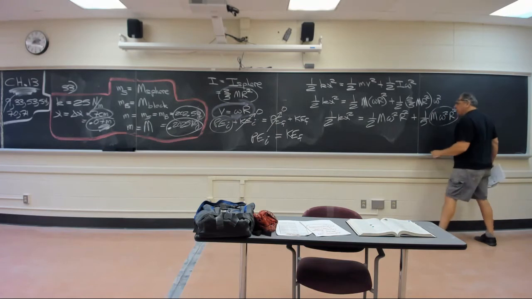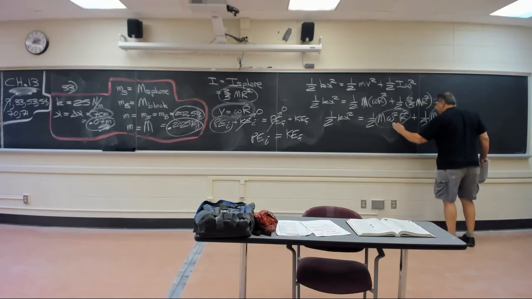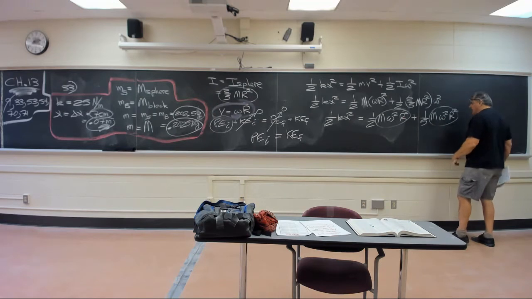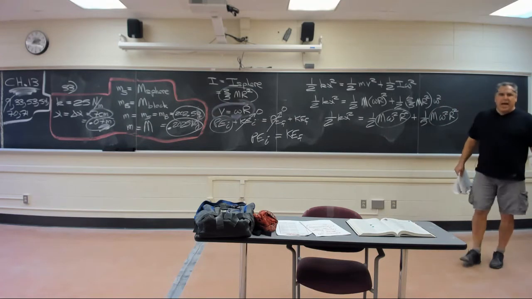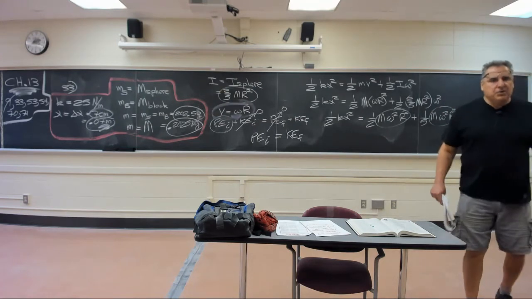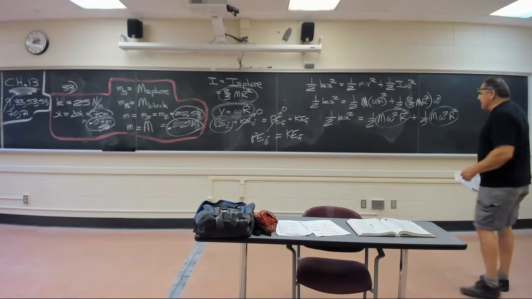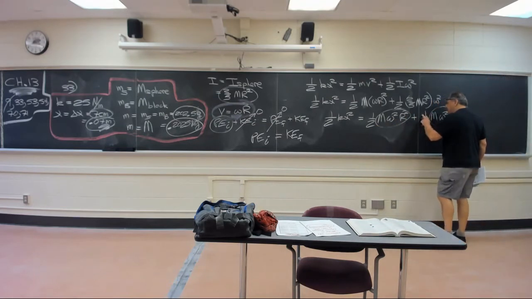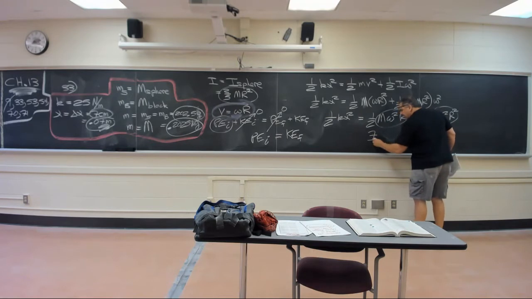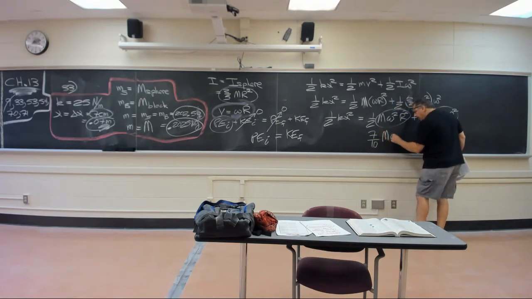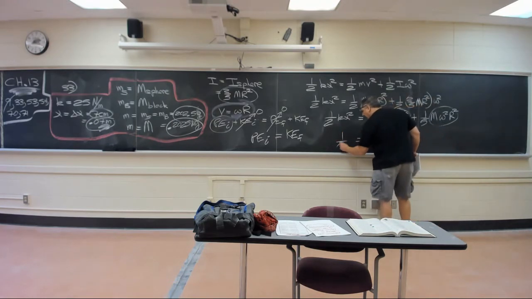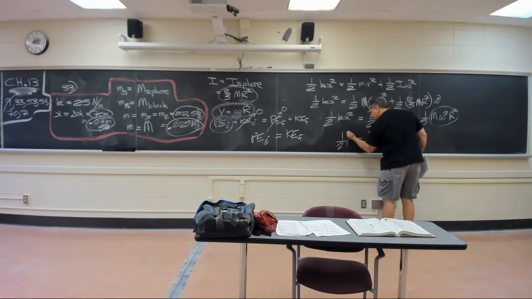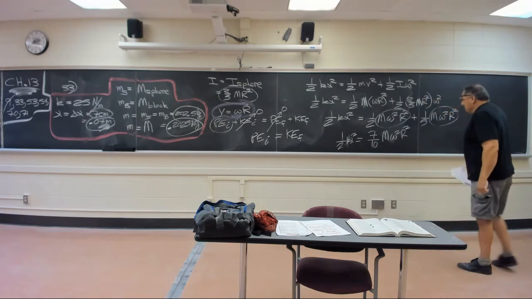Guys, that product and this product are identical. 1/5 the product plus 1/2 the same product: if you do the addition, 1/2 is 5/10, and this is 2/10. It's going to be 7/10 capital M omega squared R squared equals 1/2. That's fine.